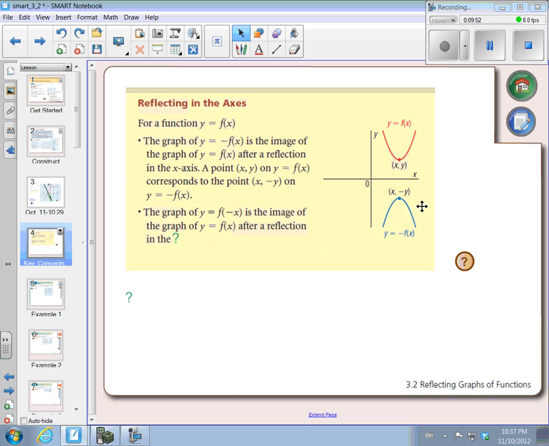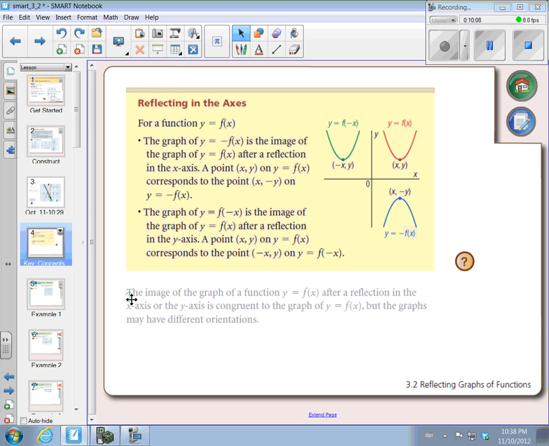Okay, that's the blue graph. And also the graph of y equals f at negative x is the image of the graph f of x after reflection in, you guessed it, the y-axis. Okay, and there are the rules that we just spent some time talking about. And the image of the graph of f of x after reflection in the x and y-axis is always congruent. The graphs have the same general shape.